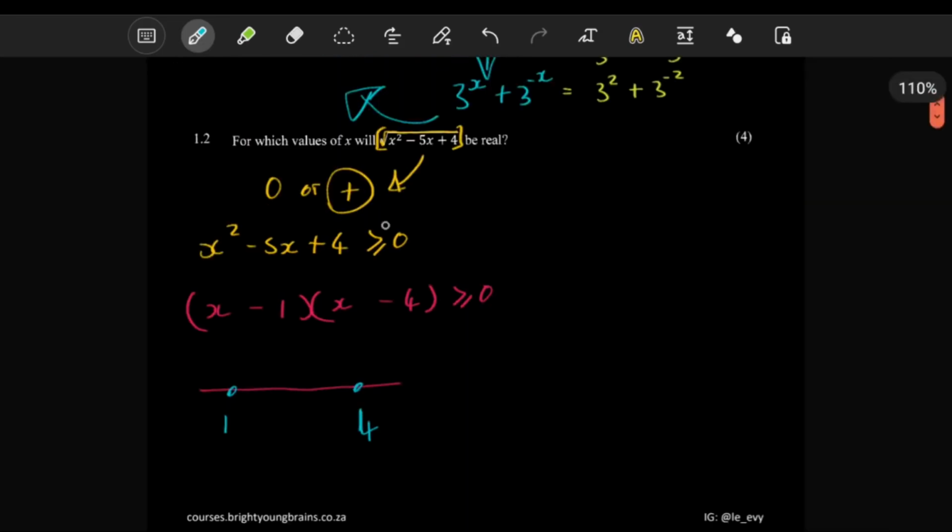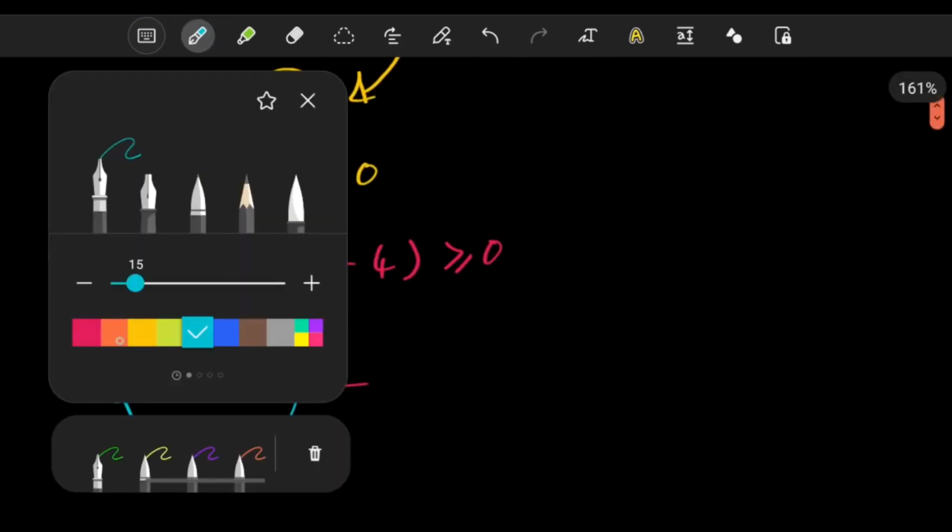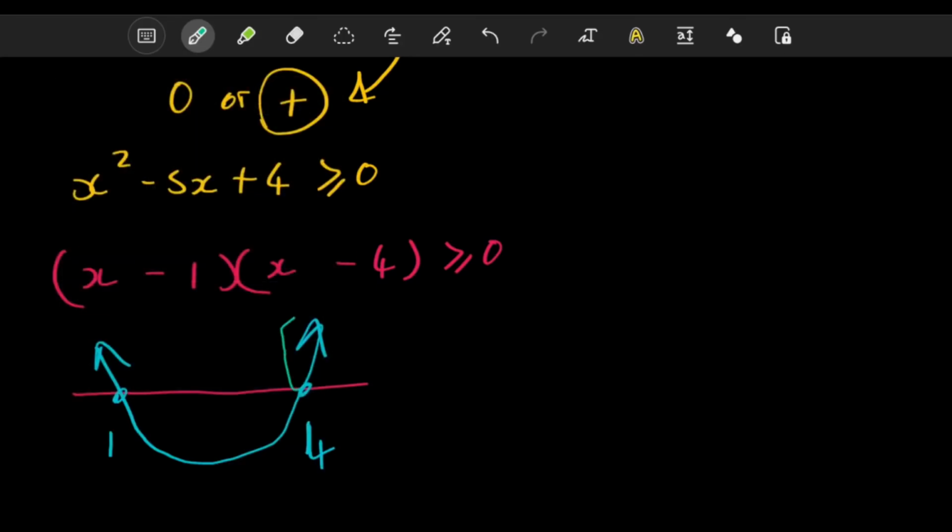In terms of answering an inequality, this is asking where this graph is above or equal to 0, and it's a smiling graph. So you can see that it is above 0 at this part over here and at this part over here.